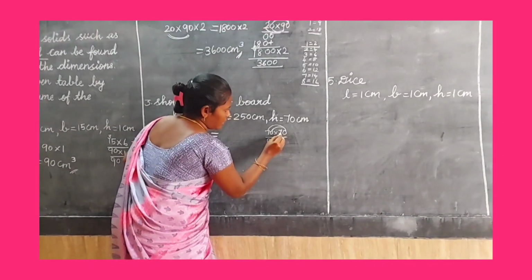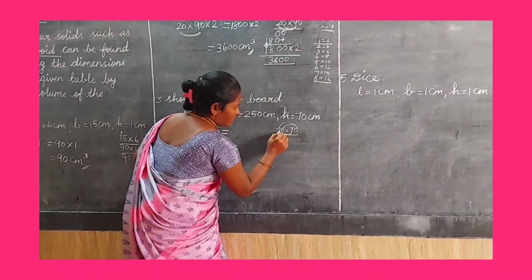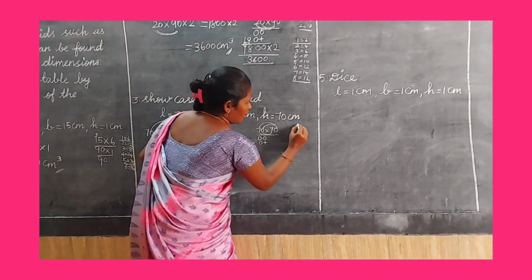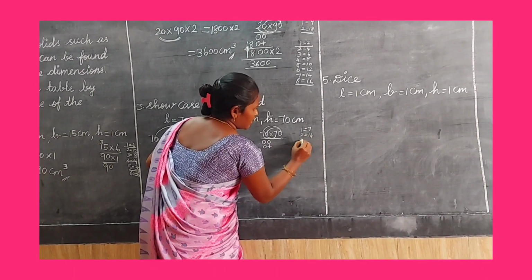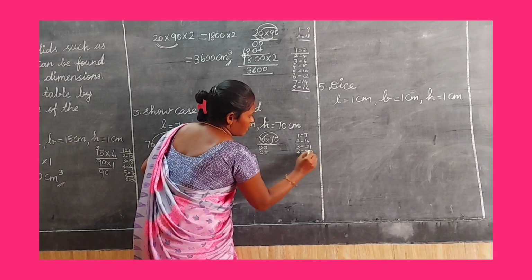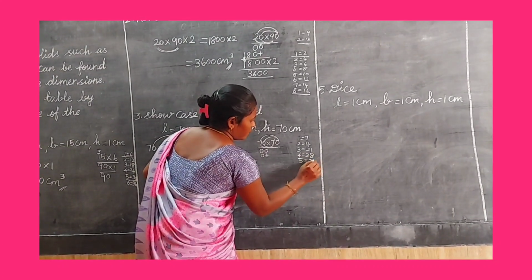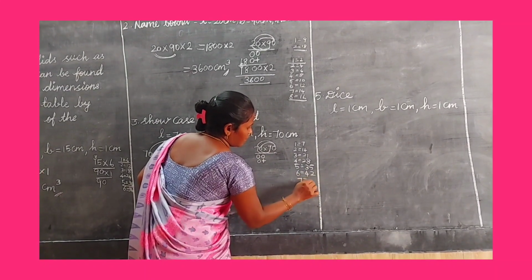Next, multiply with the 7 table. 7 into 0, 0. 7 sevens are. Now write the table. 1 seven is 7. 2 sevens are 14. 3 sevens are 21. 4 sevens are 28. 5 sevens are 35. 6 sevens are 42. 7 sevens are 49.